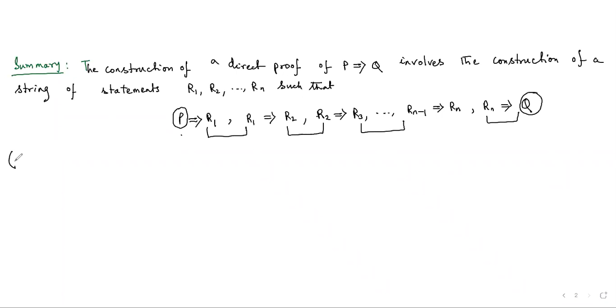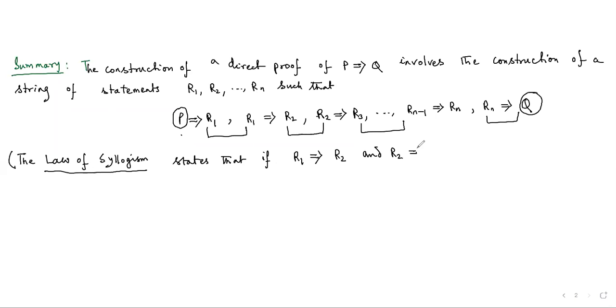and this comes from our previous knowledge of mathematical logic and truth tables. We have already known the law of syllogism, if you can remember, which states that if a mathematical statement R1 implies another mathematical statement R2, and consequently R2 implies R3, and they are true, then R1 actually implies R3.